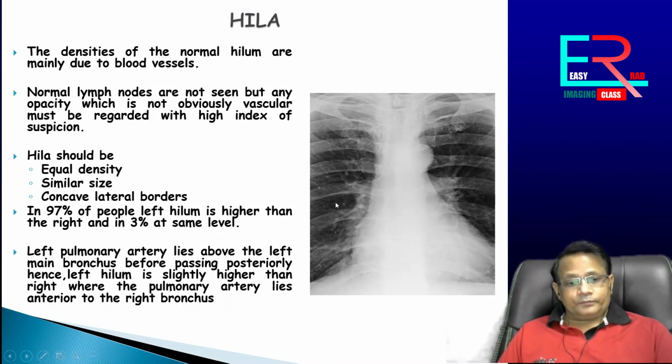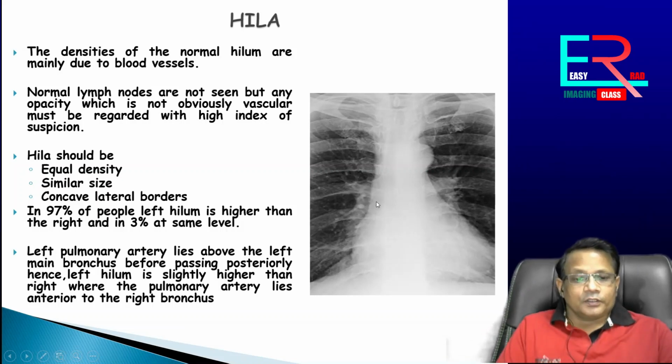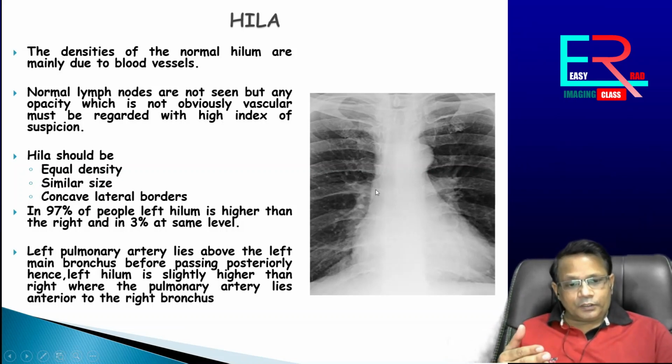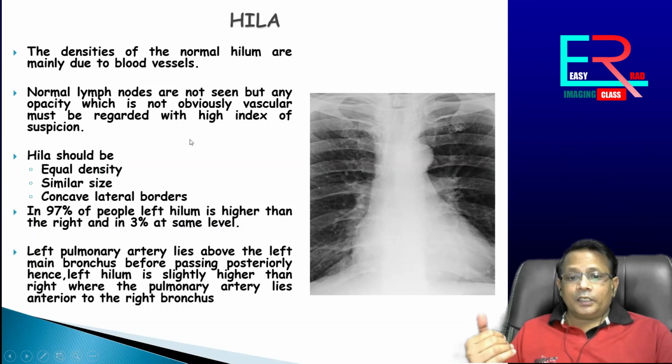Then come to the hila, right and left hila. The hila actually contain the vessels, lymphatics, and traversing bronchus, right bronchus, left bronchus, and these densities on the right or left side are not at the same level.